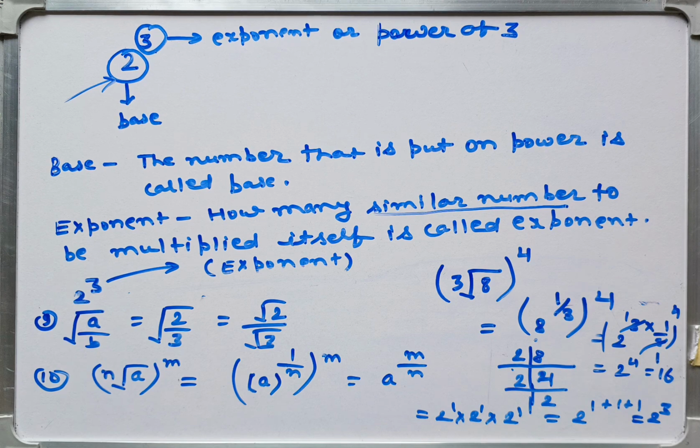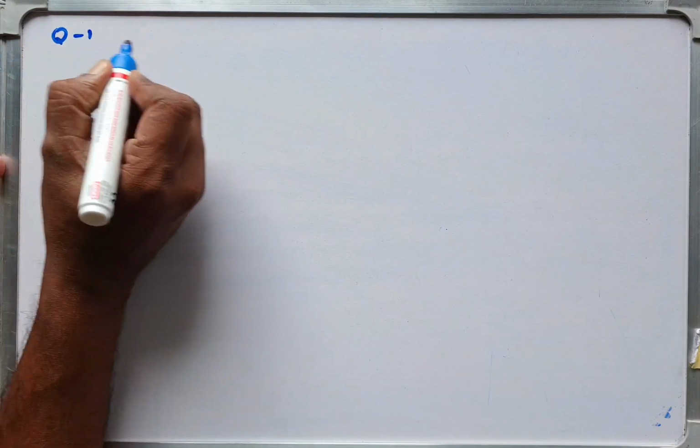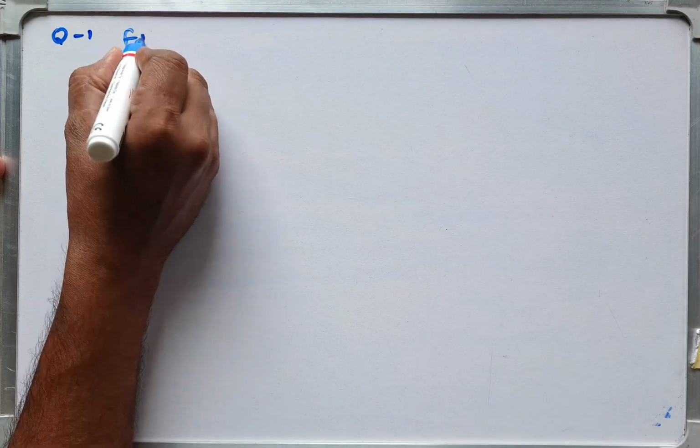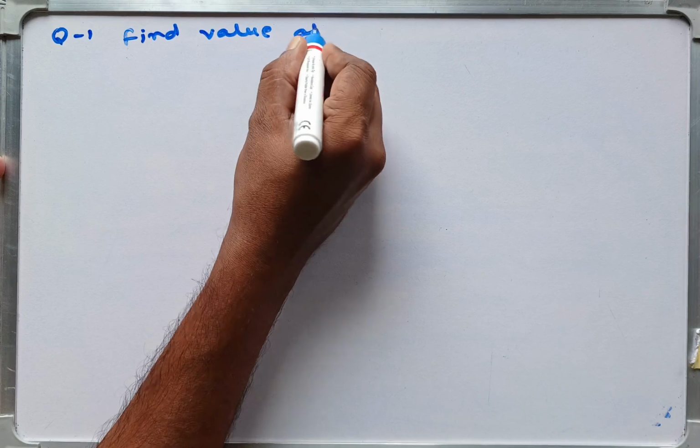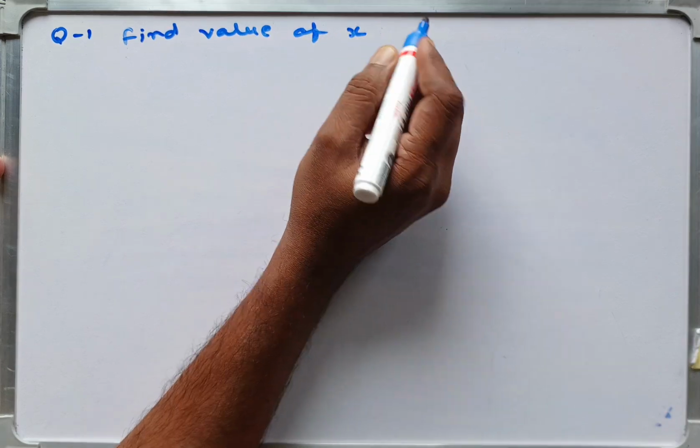Now, guys, these are the basic rules which you have to follow for solving math problems. See the application of what we read in a math problem. The question is, suppose one number, find the value of x.